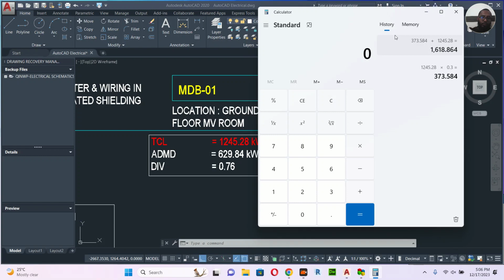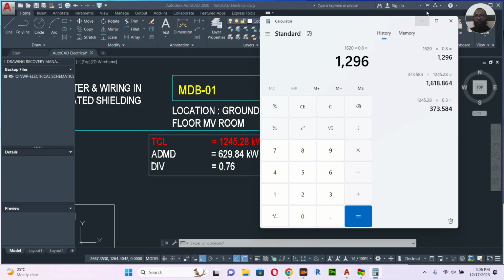So if I have 1620, if I divide by 0.8, so 1300 kVA.